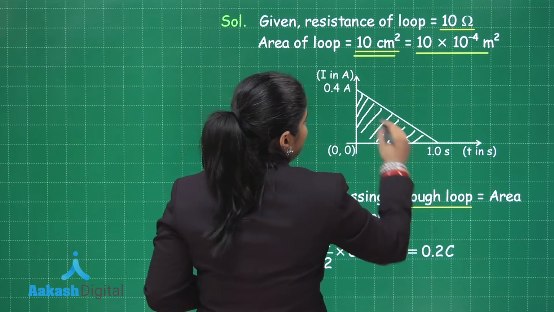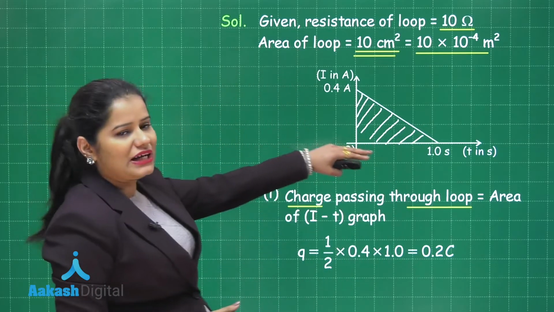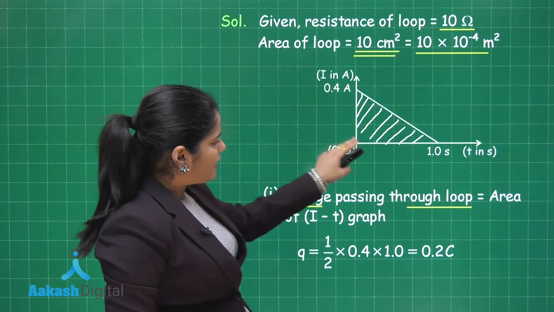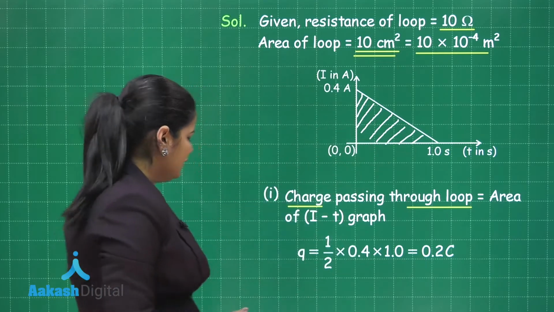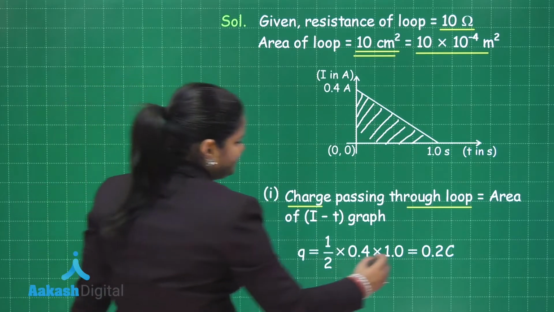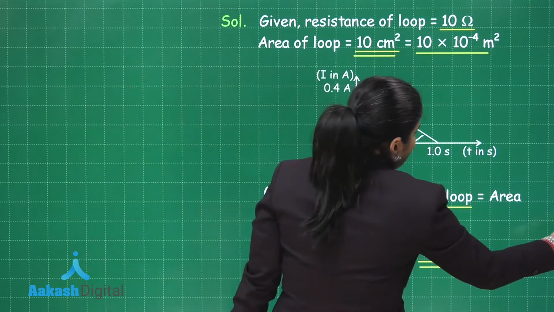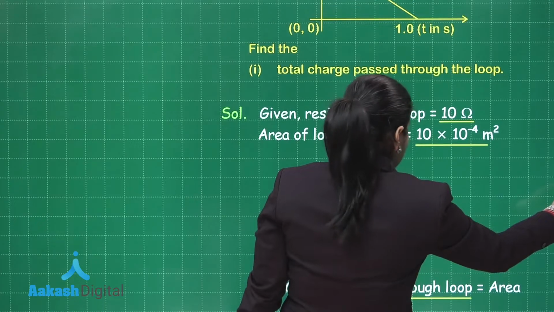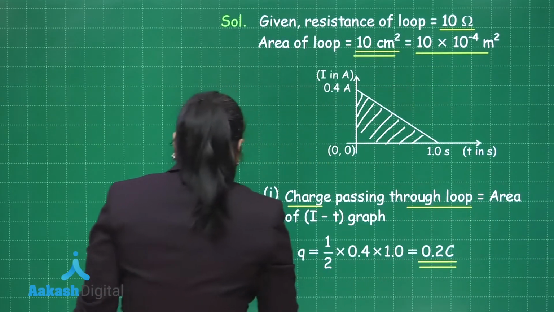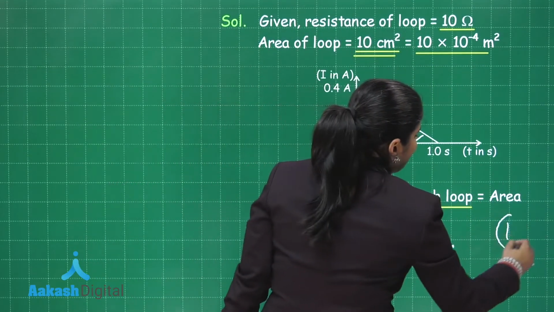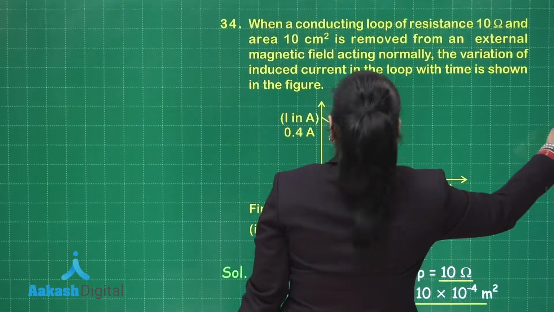So when you will calculate the area under the curve, you will get the charge that is passing through the loop. So that is going to be the area of this triangle, which will give us Q as 0.2 coulomb. Okay, so in the first part we were supposed to calculate the charge passing through the loop, and for this complete calculation you will be getting 1 mark for part A.